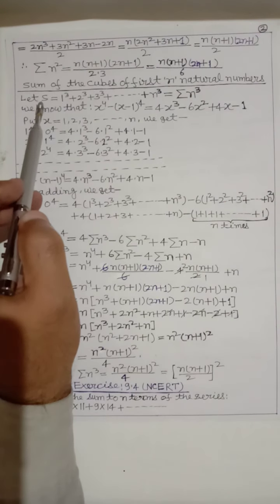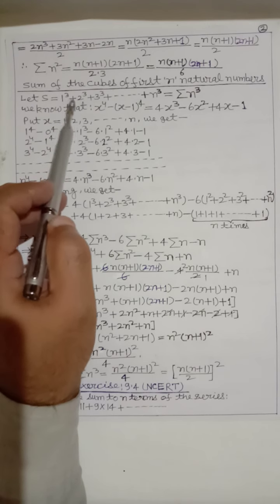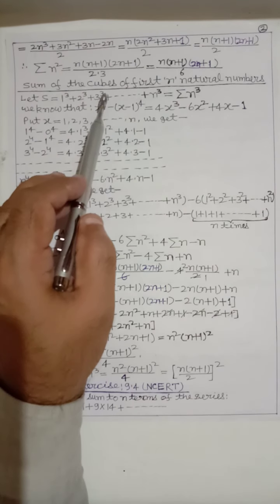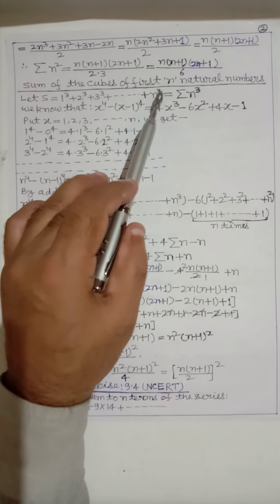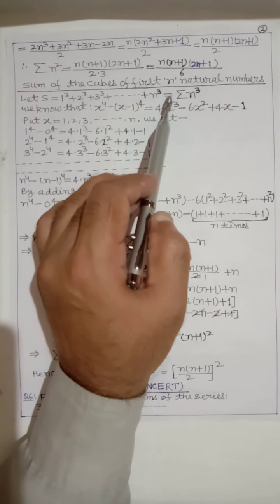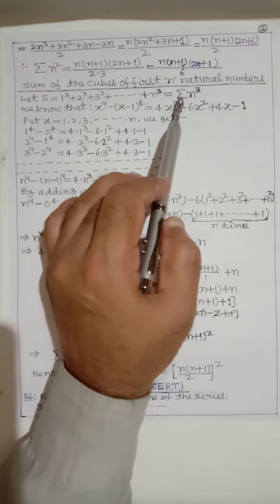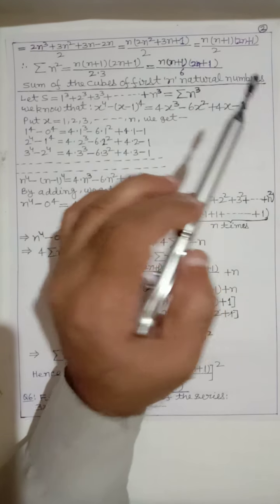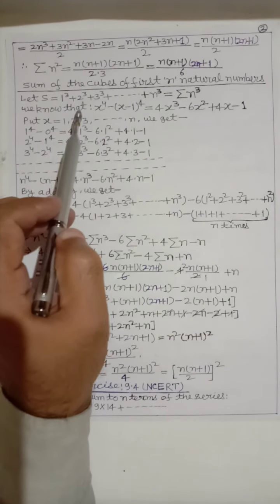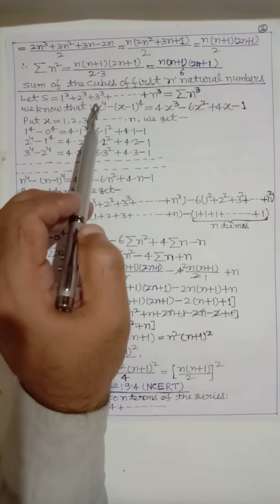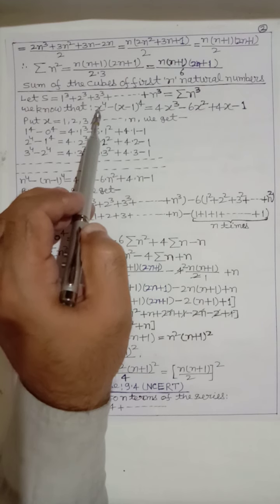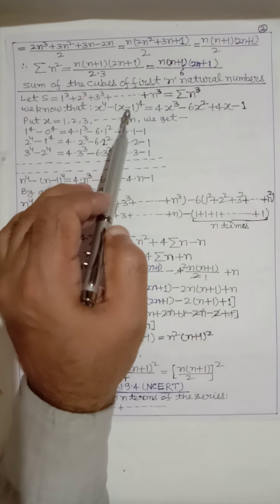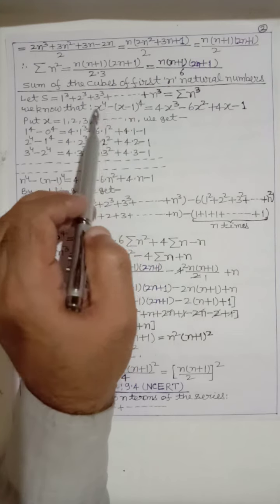Let the sum equal 1 cube plus 2 cube plus 3 cube and so on plus n cube, and this can be written as summation n cube or summation k cube, where k varies from 1 to n. Dear students, we use here x to the power 4 minus x minus 1 to the power 4.